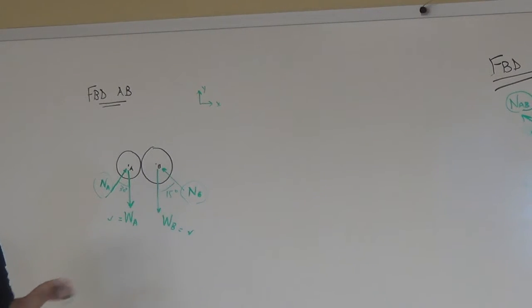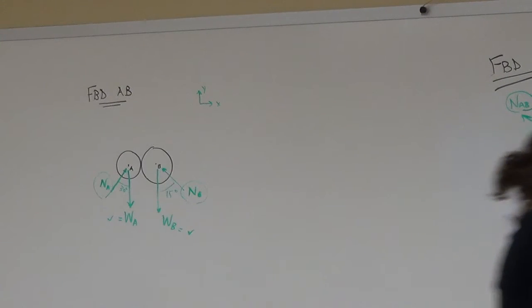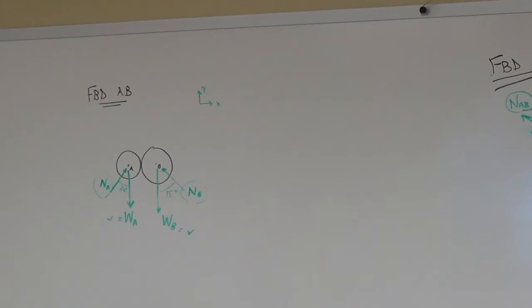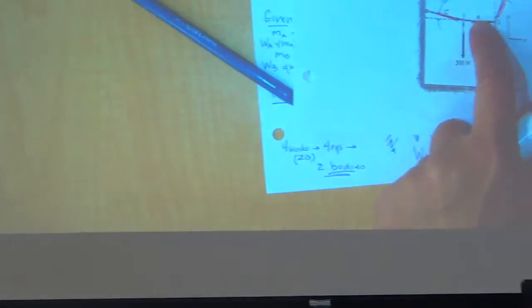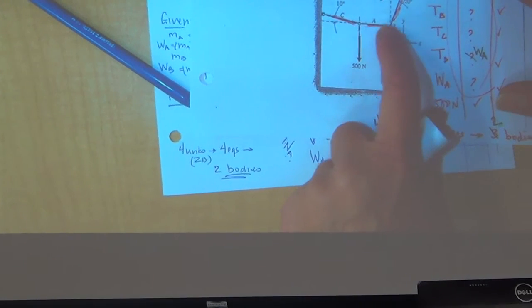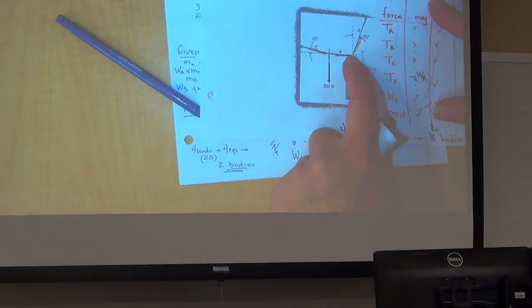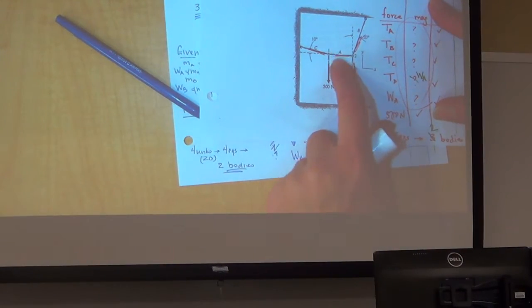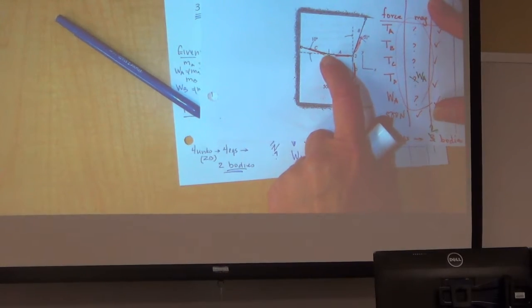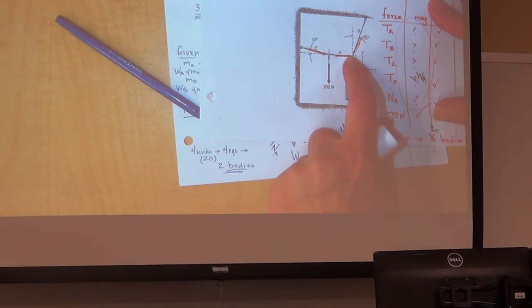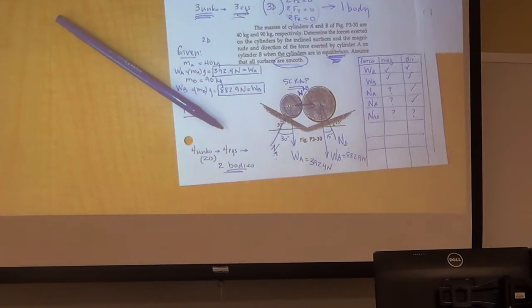This is really, really important, and you're going to be doing it all the time. We did it on Tuesday, on the problem where we had the cable. We drew a free body diagram of 1 and of 2 separately, and we had a tension in A. But when we drew a free body diagram of link 1 with the cable there and B, there was no tension because it was internal. It's only when you separate it that it becomes external.